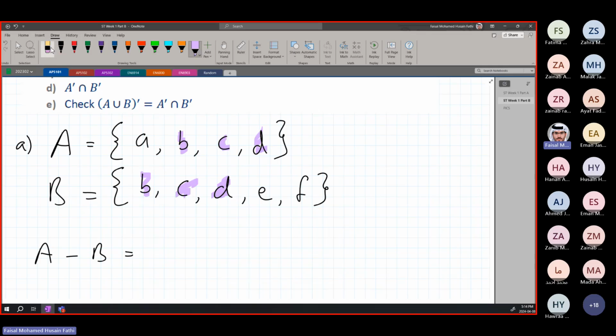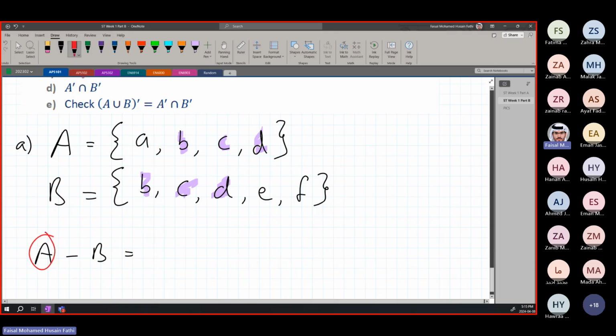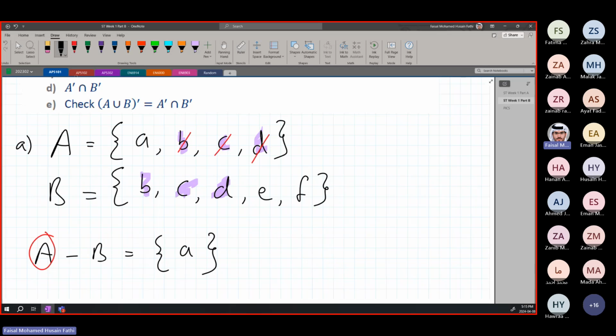And we are going to remove them completely from A. Since A is the first set before the minus, we are going to subtract from A. So we remove all the common values, and we will be remaining with just the letter A. This is what subtracting means. We don't care about the E and F. We just want to remove the values from A.